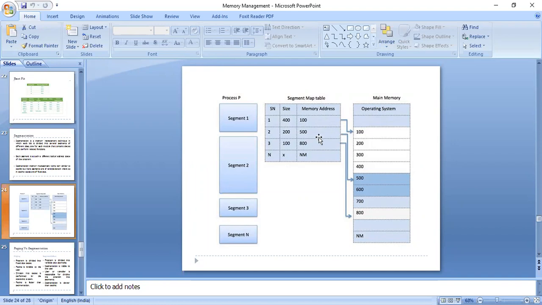Then afterwards we have the second segment of 200 size, which is occupying location 500 in main memory. And similarly it goes till segment n. We are mapping all the segments into main memory like this and maintaining all the records related to segments in the segment map table.